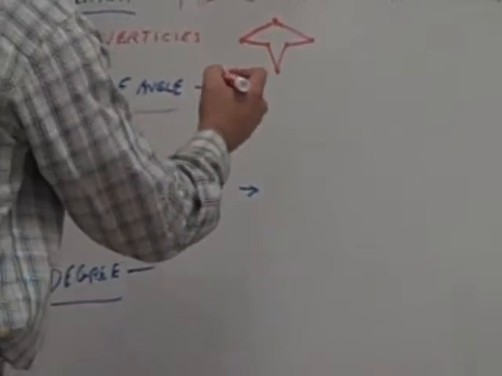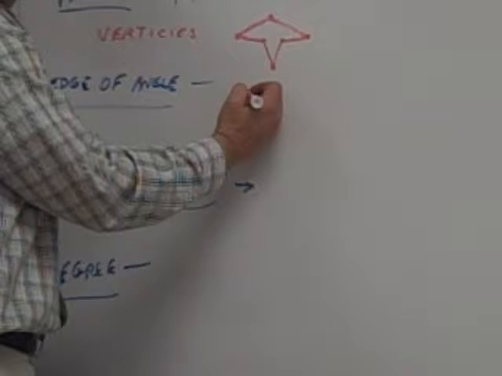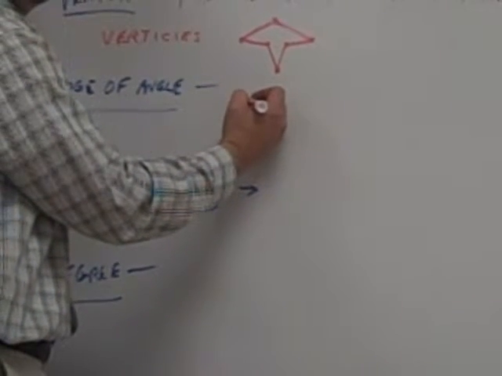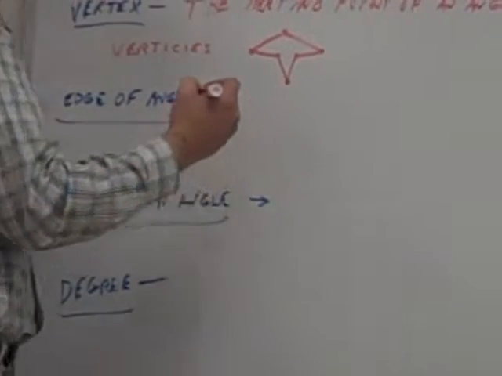All right. The edge of an angle. Anybody want to say what the edge of the angle is? Matt, go ahead. Where two faces of the shape meet. That's pretty good if we were talking about the shape.